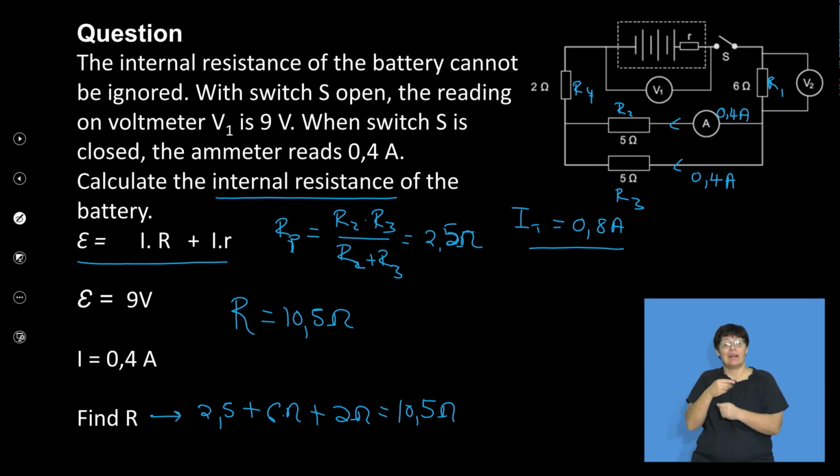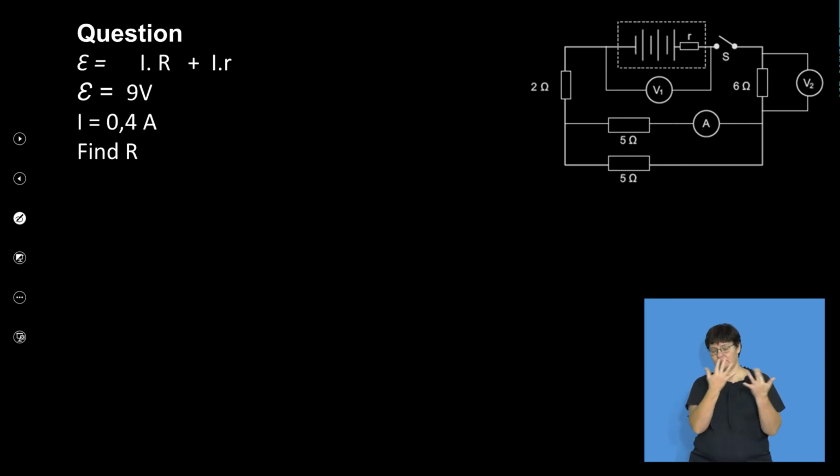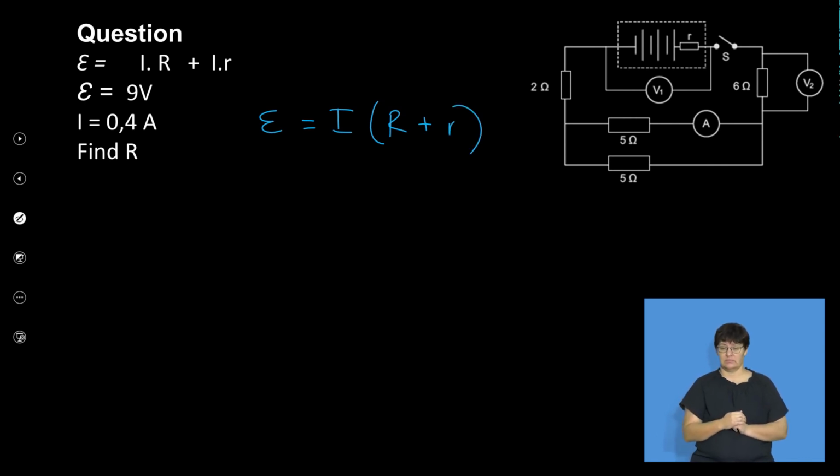Now we have the total current in the circuit, so we are able to do that. If we go the route of saying E is equal to I times R plus r, we know the EMF is 9 volts when the switch was open.